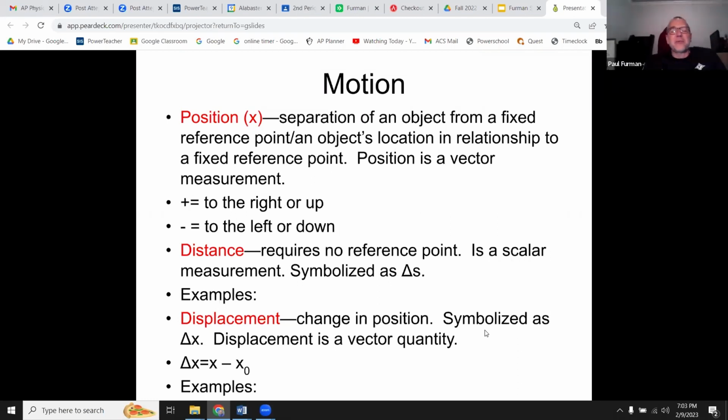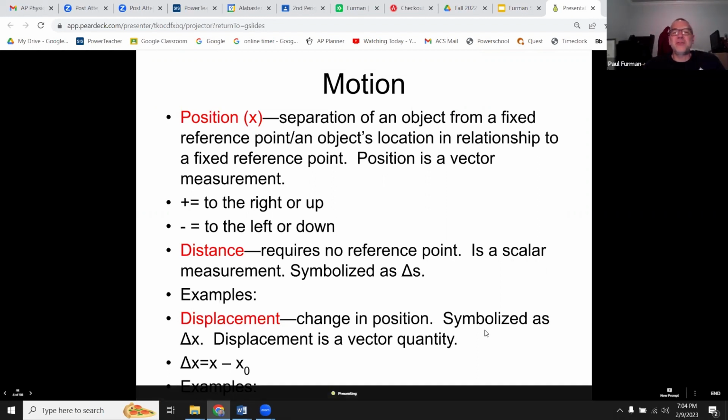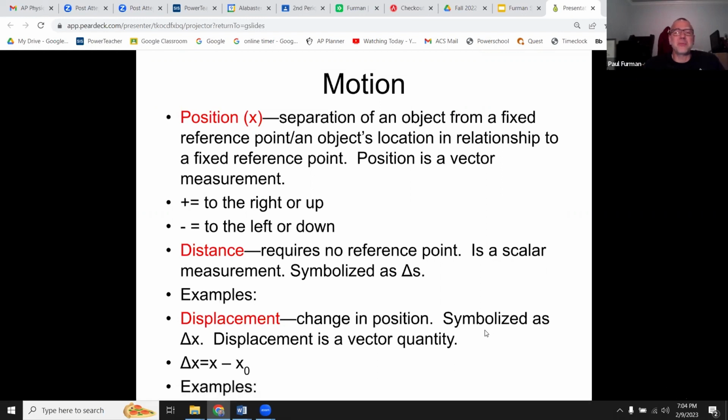Position, variable for position is X. Position is arbitrary. My position could be 0, it could be 50, it could be 100 meters. Your position doesn't really matter so much as your displacement. So your displacement is your final position minus your initial position, also known as delta X. So in all the kinematic formulas, you'll see delta x.